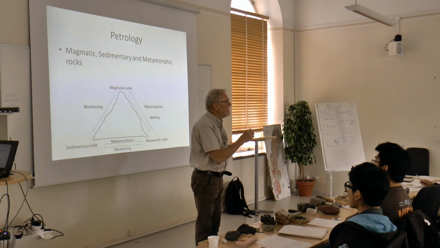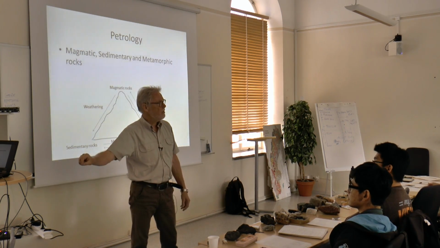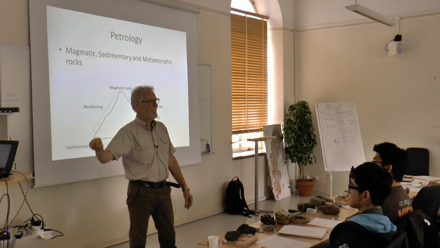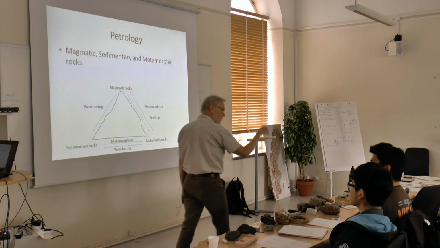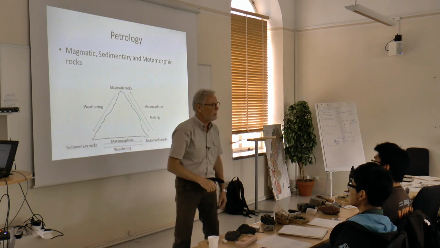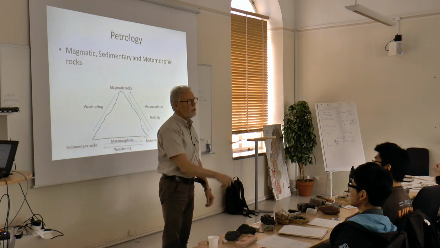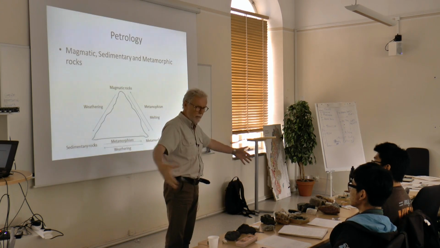Only very, very little is coming down to the Earth. So what we got 4,600 million years ago is what we have today, and what we will have in another 4,600 million years. So there's no new material at all coming in here.